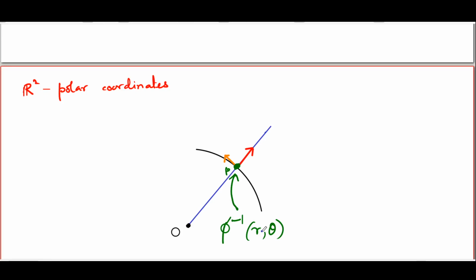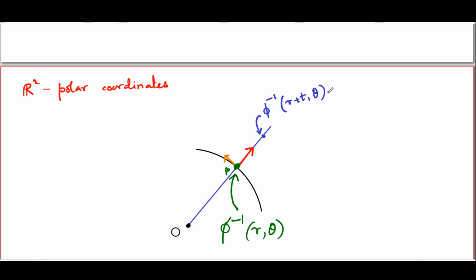The first coordinate curve is one which you get when r changes by t and theta does not change at all. And there, you are moving along this blue line here. A typical point would be something like this, which is the pre-image under this chart of r plus t, theta.